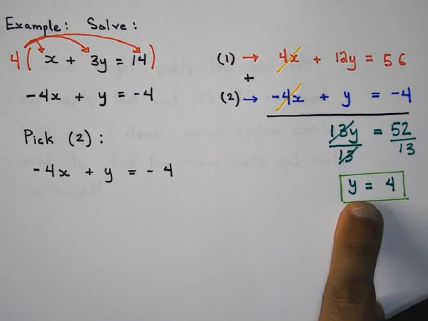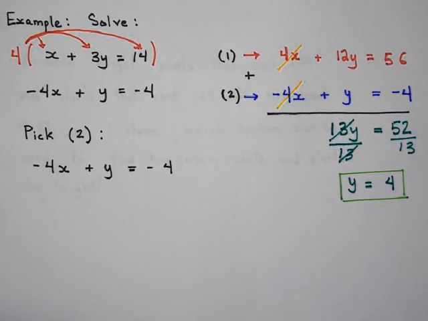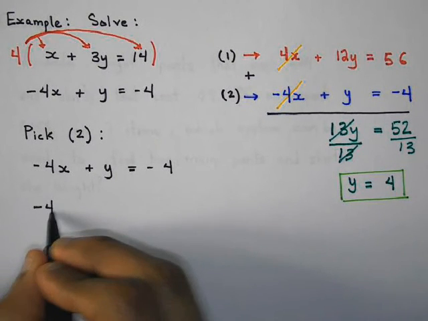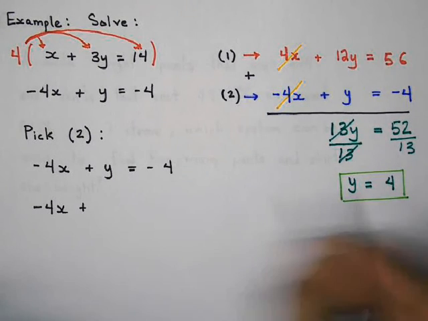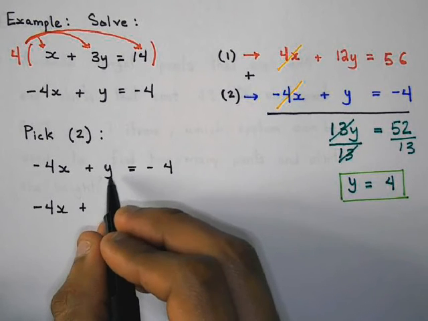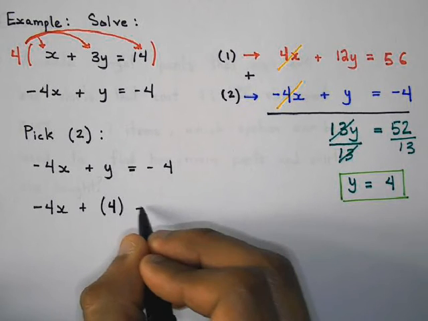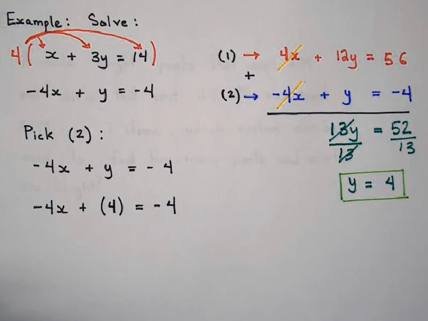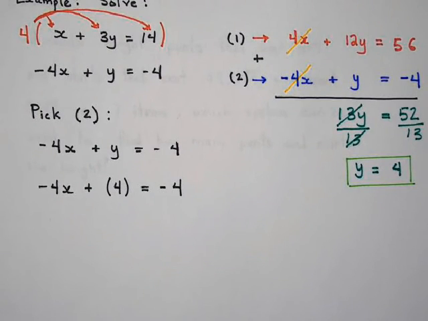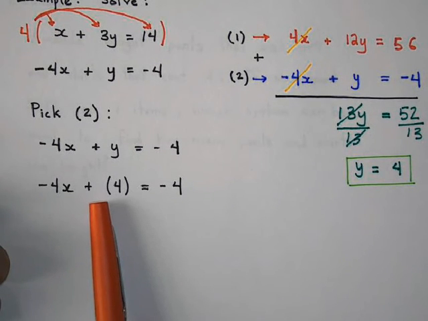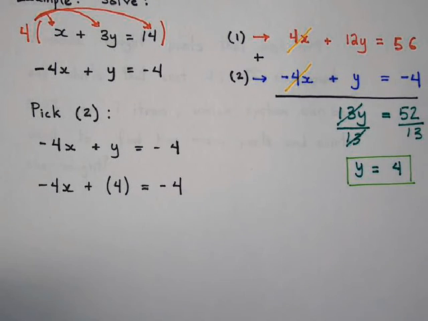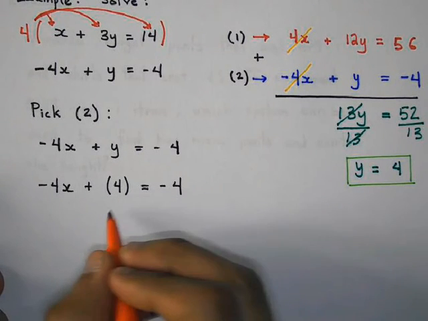And what I'm going to do is substitute my y value. So I have negative 4x plus y, but instead of writing the variable y, I'm going to replace that with a 4, and that equals negative 4. Now I can solve for x here. I have a positive 4, and I'd like to undo this addition by 4.